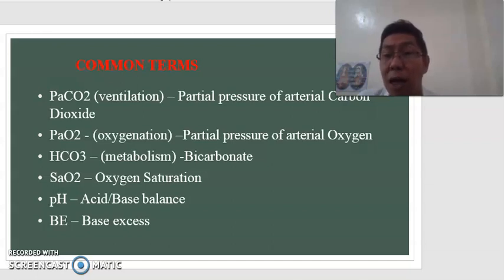Then we have HCO3, bicarbonate, which tells us about metabolism; when we talk about HCO3, we are dealing with kidney function. Then SaO2, the oxygen saturation, pH, the acid-base balance, and BE, base excess.